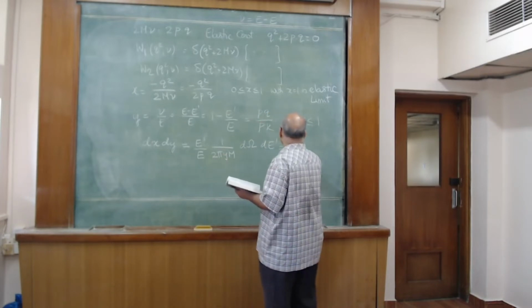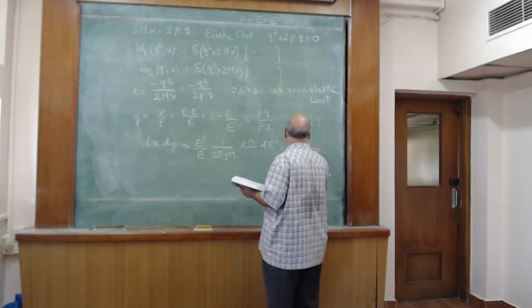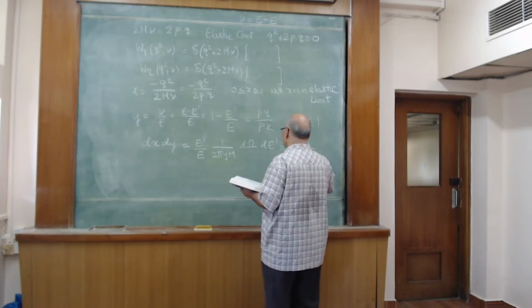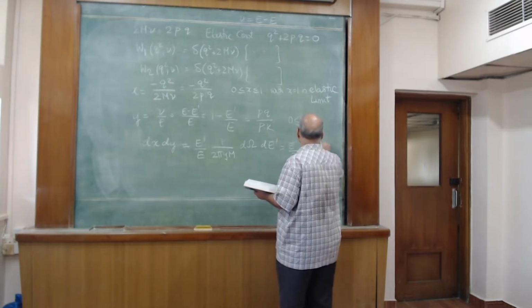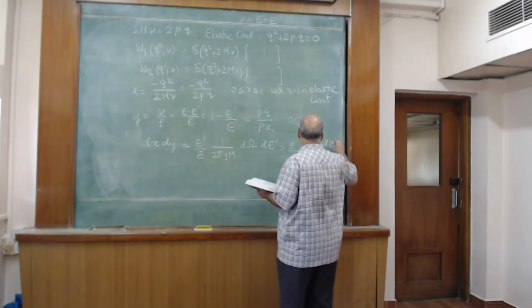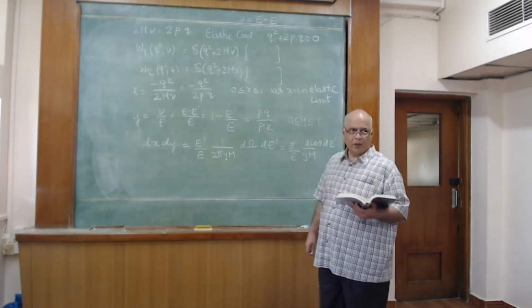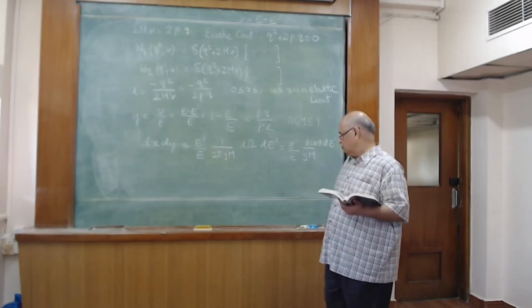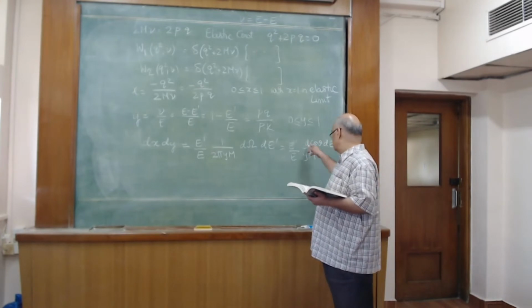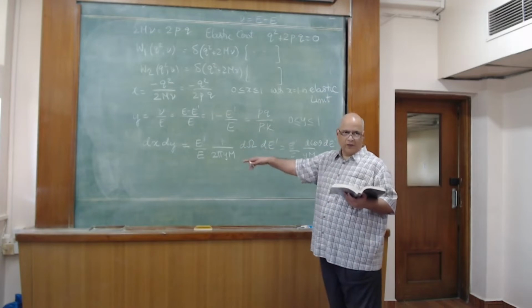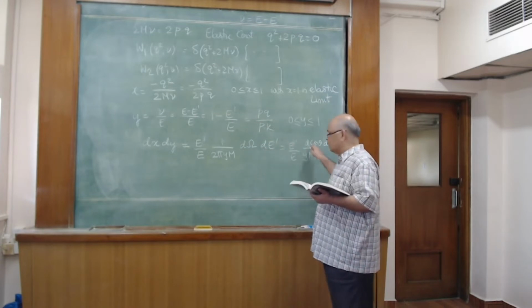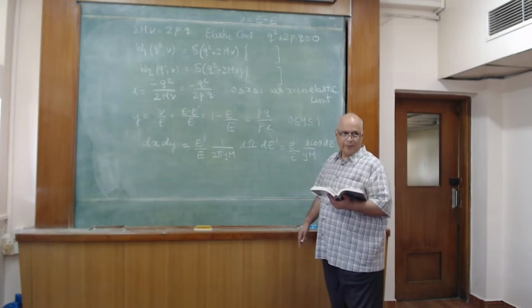So this is E prime by E, 1 over 2 M, d cos theta dE prime. So you change from d cos theta dE prime into dx dy and you get these factors.